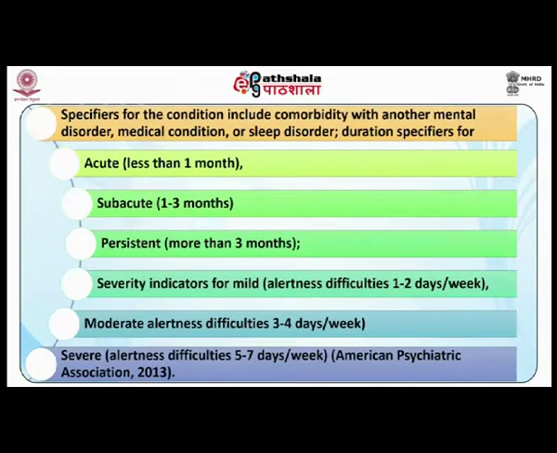Specifiers for the condition include comorbidity with another mental disorder, medical condition or sleep disorder, duration specifiers for acute, which could be less than 1 month, subacute 1 to 3 months and persistent more than 3 months, and severity indicators for mild, that is alertness difficulties 1 to 2 days per week, moderate alertness difficulties 3 to 4 days per week, and severe alertness difficulties 5 to 7 days per week, as per the American Psychiatric Association in 2013.